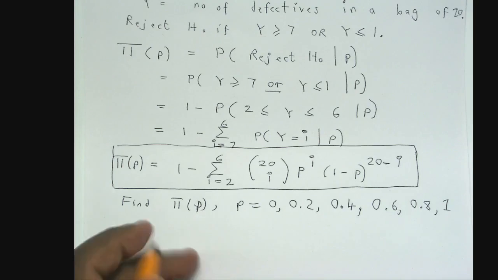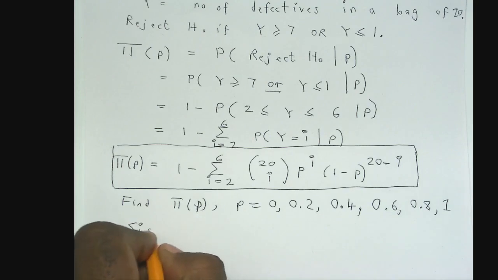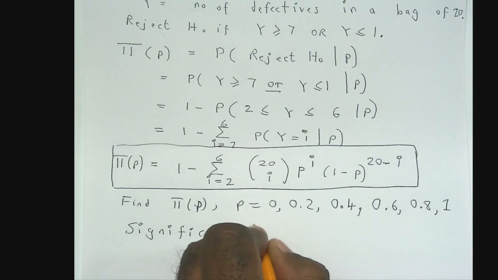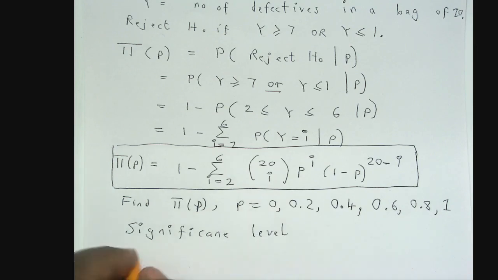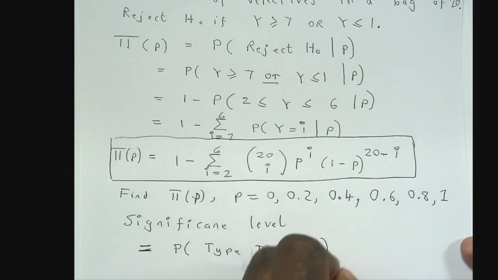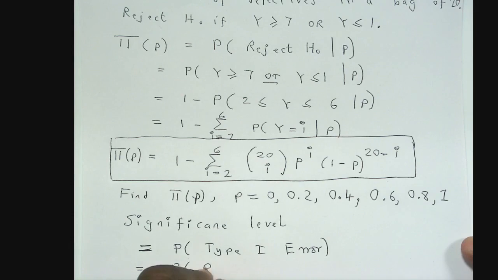And you are also asked to find the significance level. Remember, guys, I talked about significance level in the lectures. It's the same as the probability of type 1 error, which is the probability of rejecting H0 when H0 is true, which is p equal to 0.2.